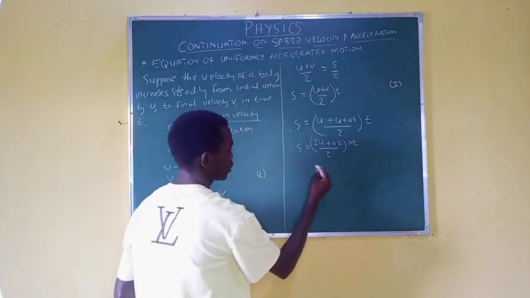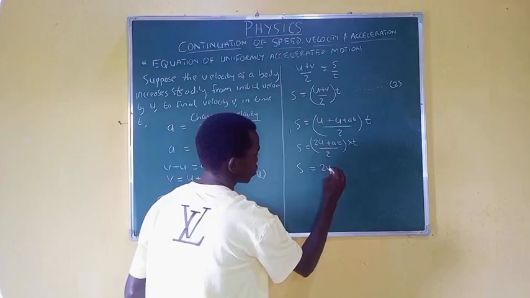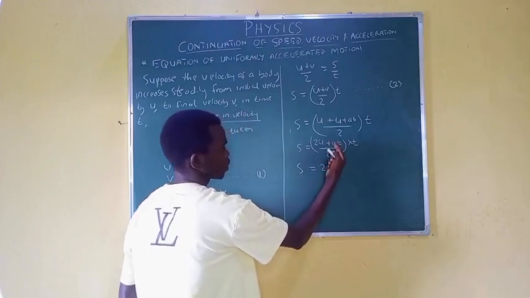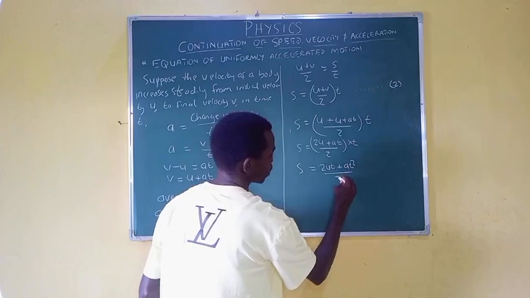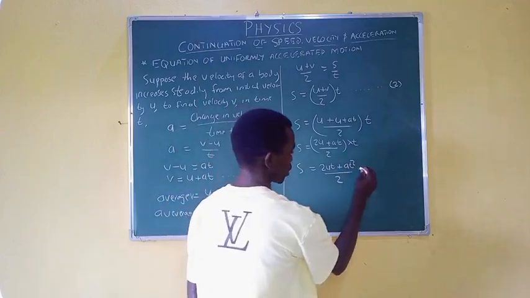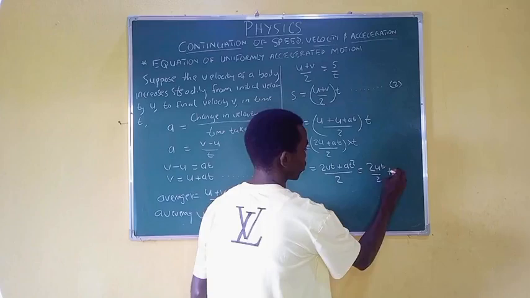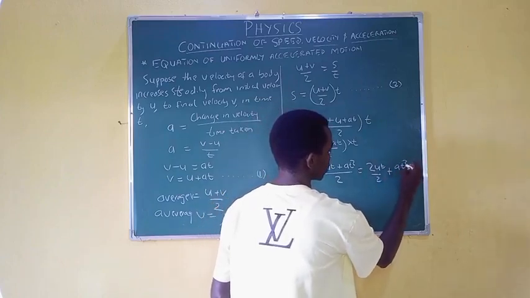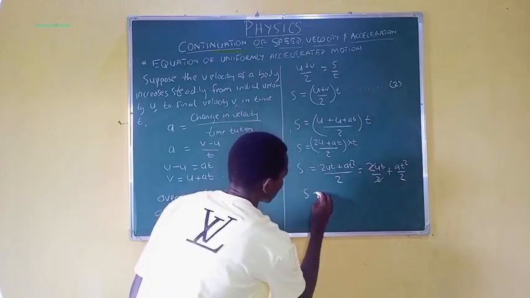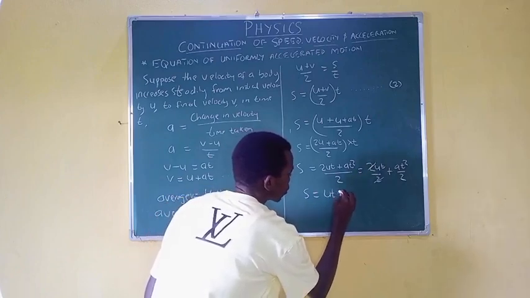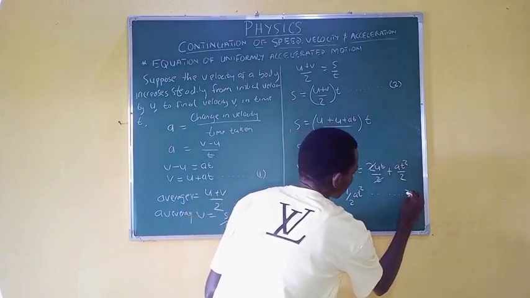When you expand it, we have 2ut plus at squared, all over 2. This can also be written as 2ut over 2 plus at squared over 2. The 2s cancel, and we have s is equal to ut plus half at squared. This is our equation 3.